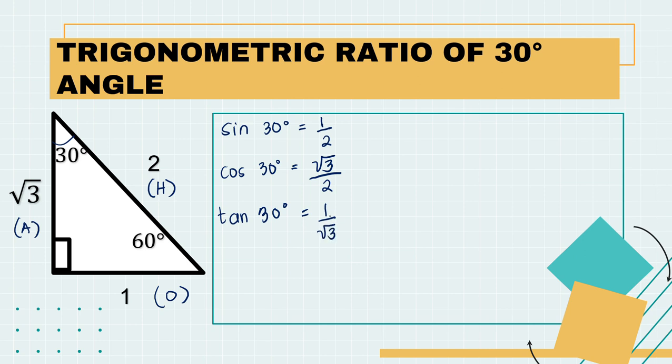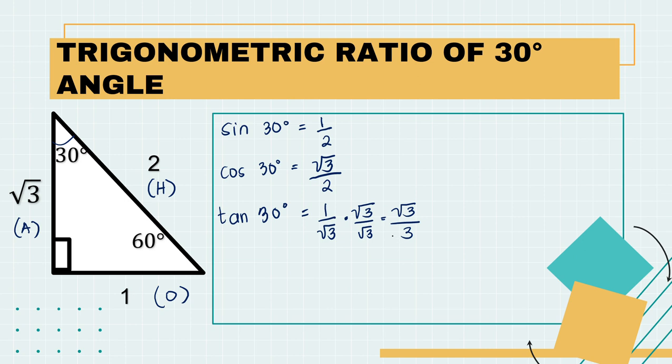And again, in the rule of the radicals, there should be no radical sign in the denominator, so we need to rationalize it by multiplying the value by the similar radical of the denominator, which is square root of 3. 1 times square root of 3 is square root of 3 over square root of 3 times square root of 3, that would be square root of 9, and square root of 9 is equal to 3. Therefore, tangent 30 degrees is square root of 3 over 3.